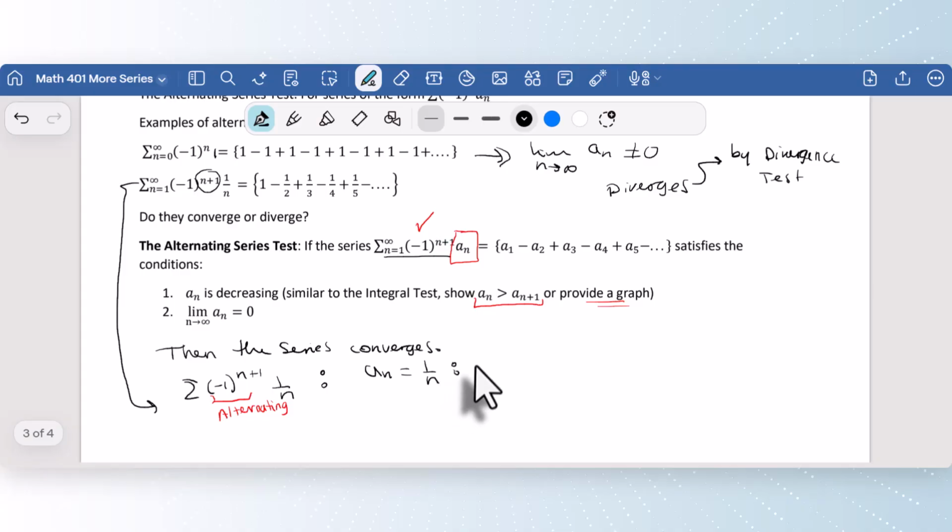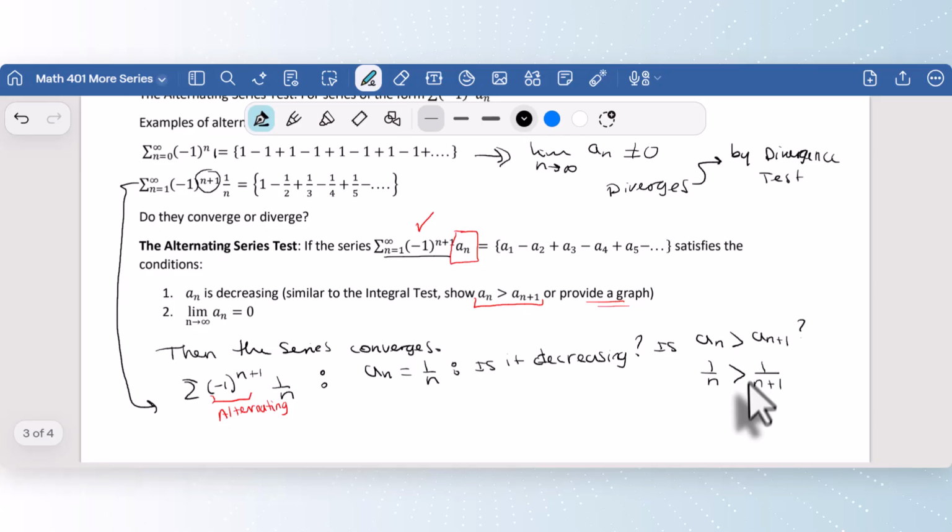So we ask ourselves, is it decreasing? Is a sub n greater than a sub n plus 1? In our case, is 1 over n greater than 1 over n plus 1? Yes, the bigger the denominator, the smaller the fraction.